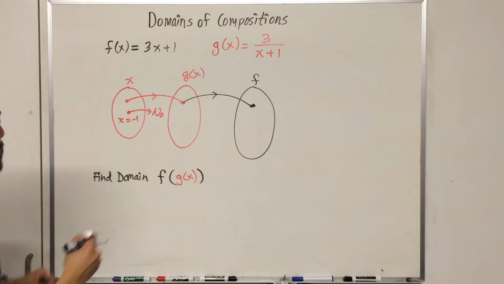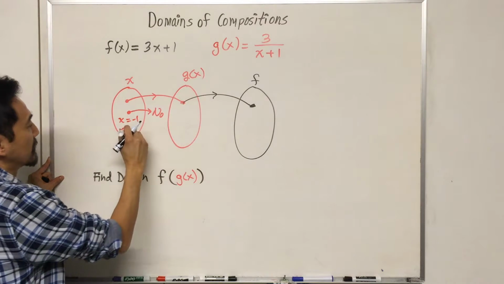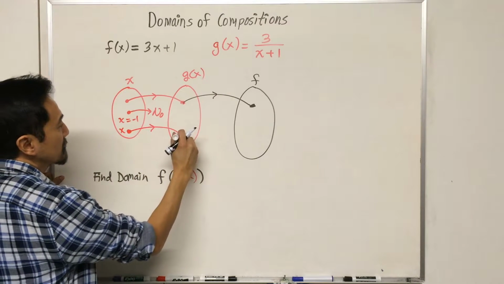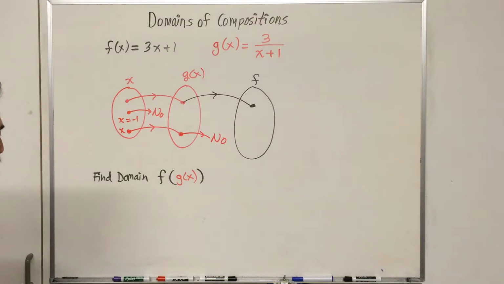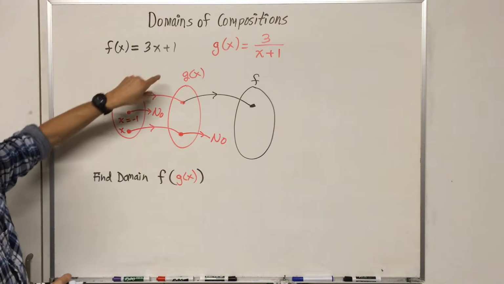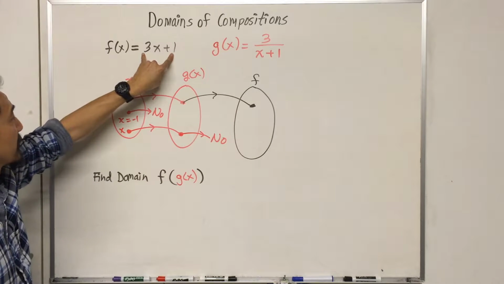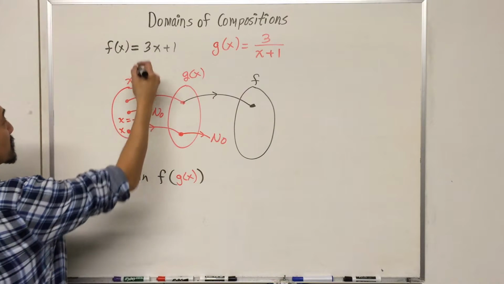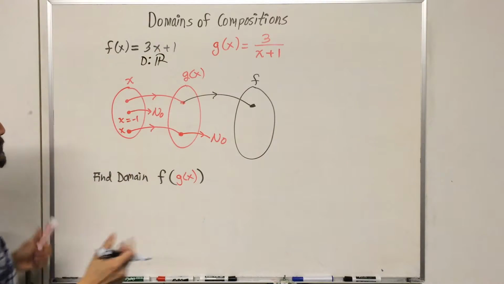Now, are there any x's in red that will produce real g values that do not get us into f? Well, let's ask the question, can f be made undefined? And the answer is no. I think you'd agree. The domain for f individually would just be all real numbers.